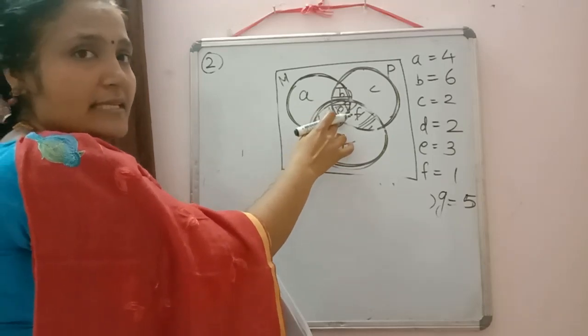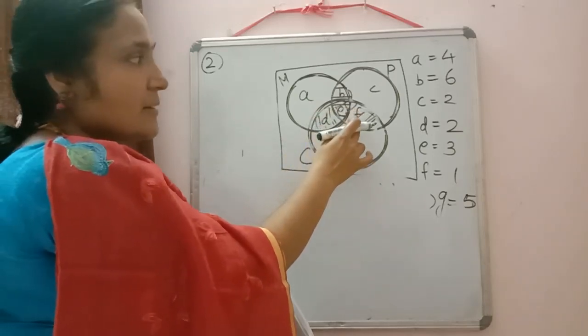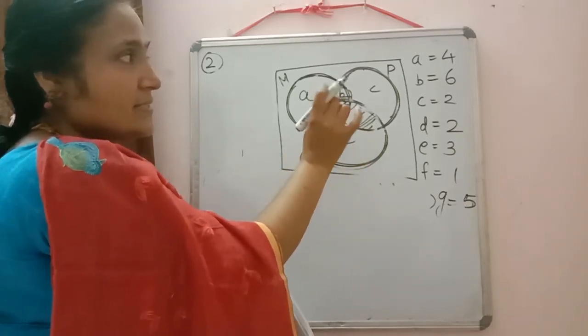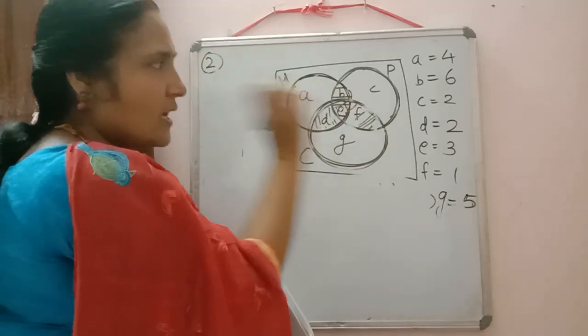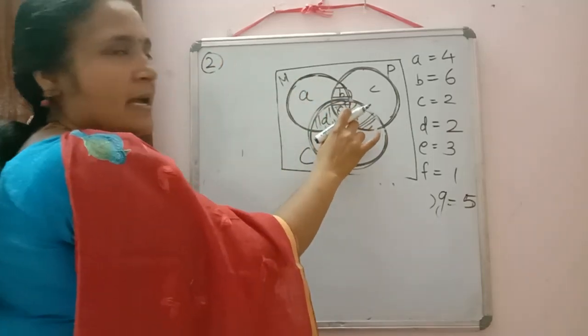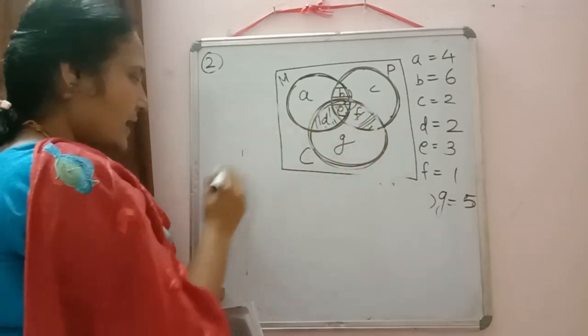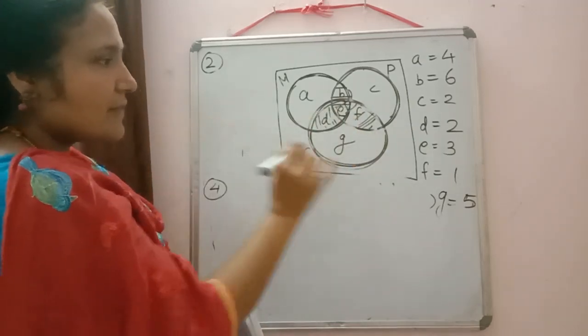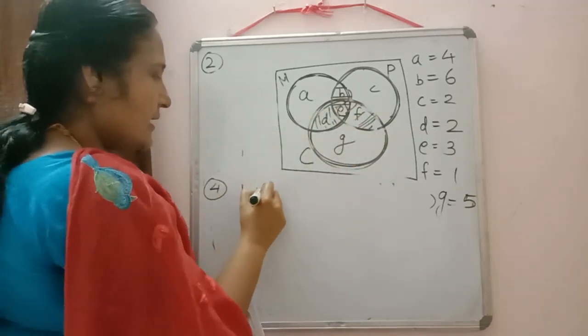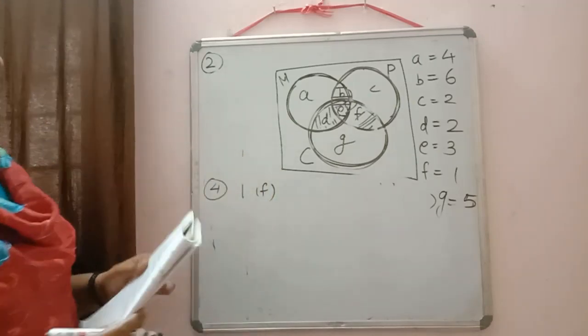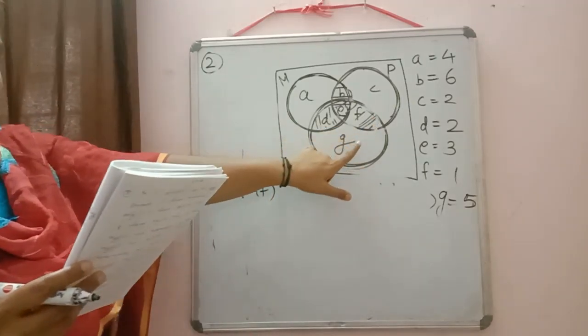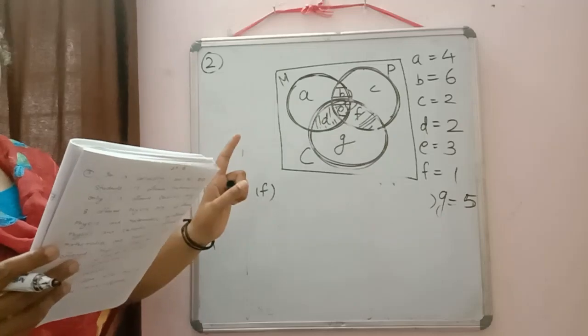So we don't want this value. So which is the region that represents the number of students who have taken only physics and chemistry? That is F. So write down the answer. What is the value of F? 1. So you just write down: 1 student has taken physics and chemistry only.